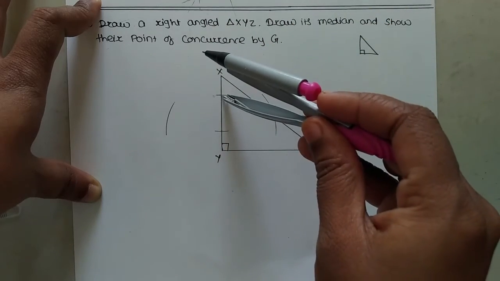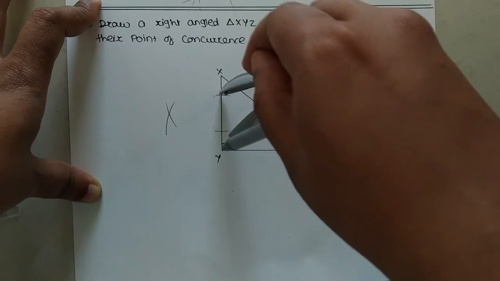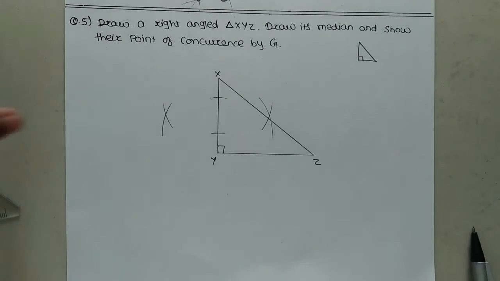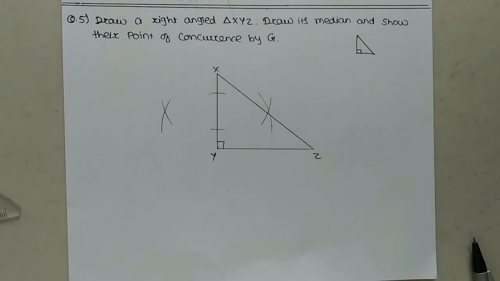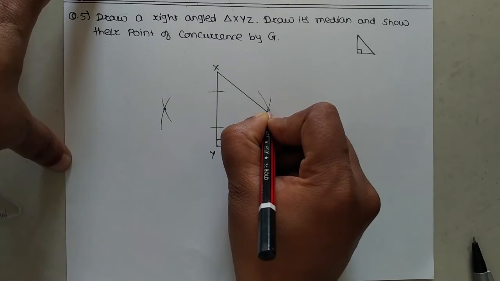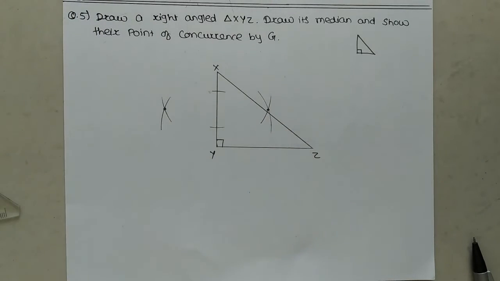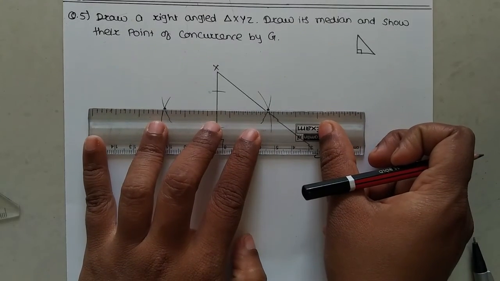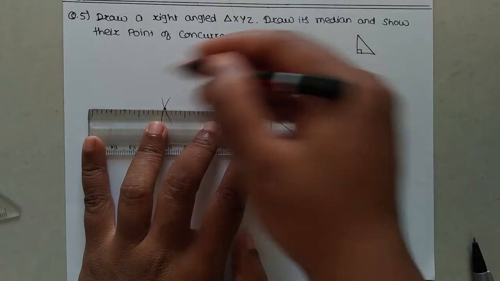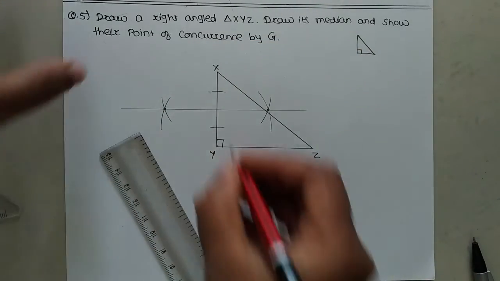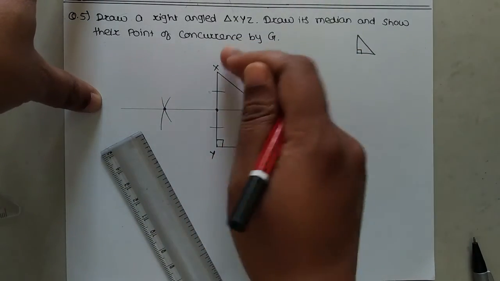Clear? Now next, draw one arc here and here. Clear? Now next, we have to get 2 points, this one and this one. So draw the line like this. Clear?